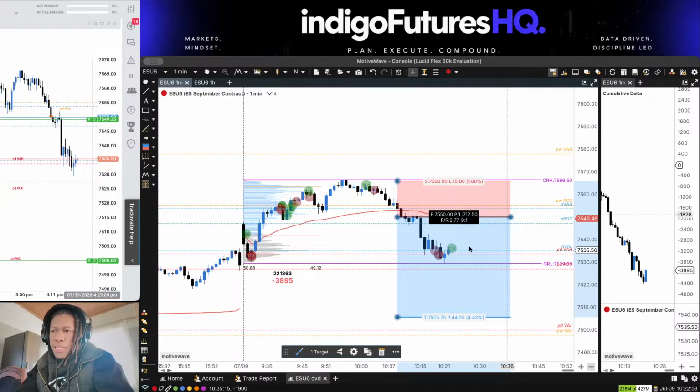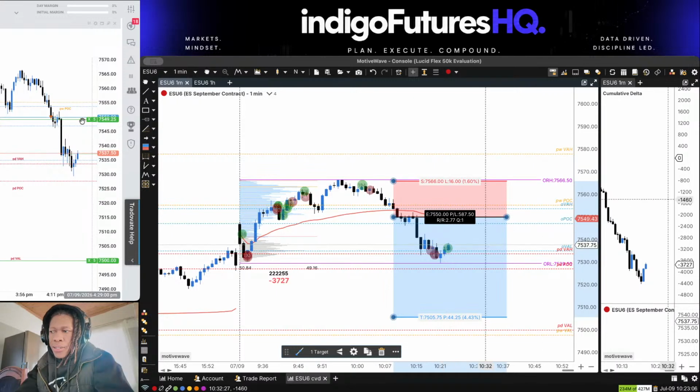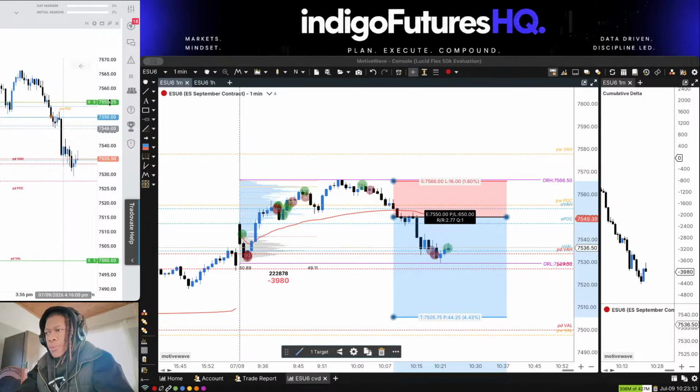Okay, buyers stepped in at the top of this candle, 108 at 536, and it looks like they're getting some result. Ugh. Okay, I'm just going to put my stop back where it was.